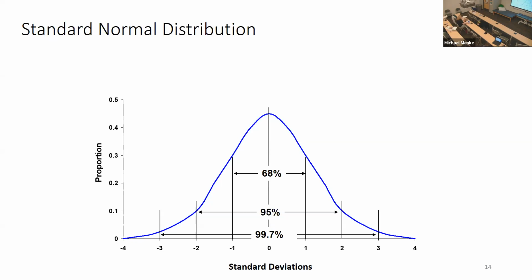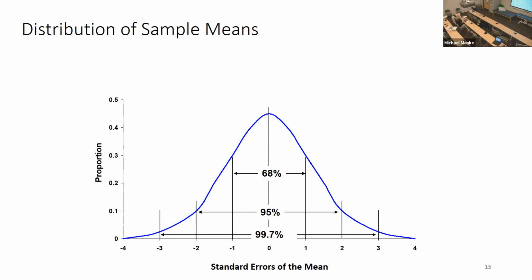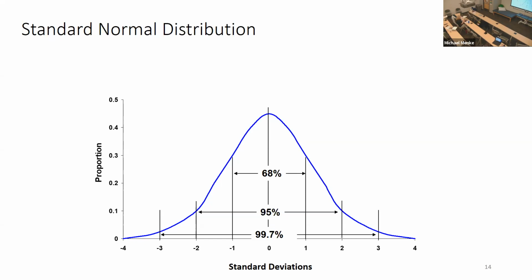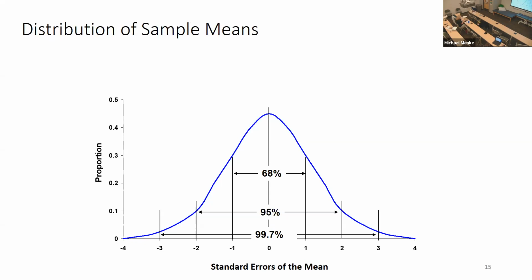But watch this. See, these are standard deviations. This is the standard normal distribution. When I do that, the distribution of standard errors of the mean is exactly identical. Exactly identical. So everything that holds for this, the density functions for this, we can apply to the standard error of the mean.